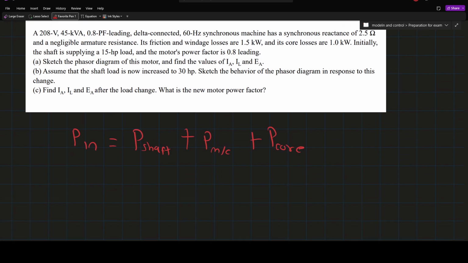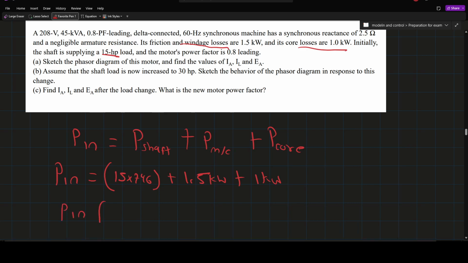They're saying that we have 15 horsepower, so that is 15 times 746 to turn it into watts, plus 1.5 kilowatts in mechanical losses, and that is because of the windage, plus 1 kilowatt in core losses.